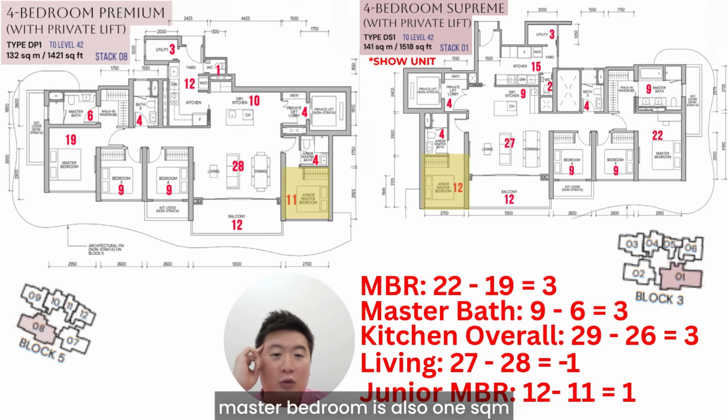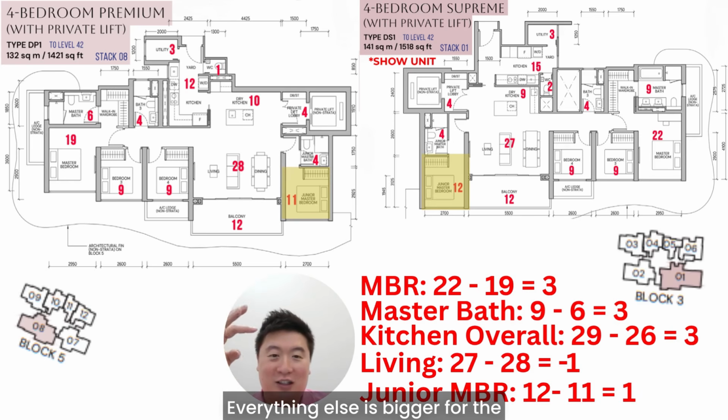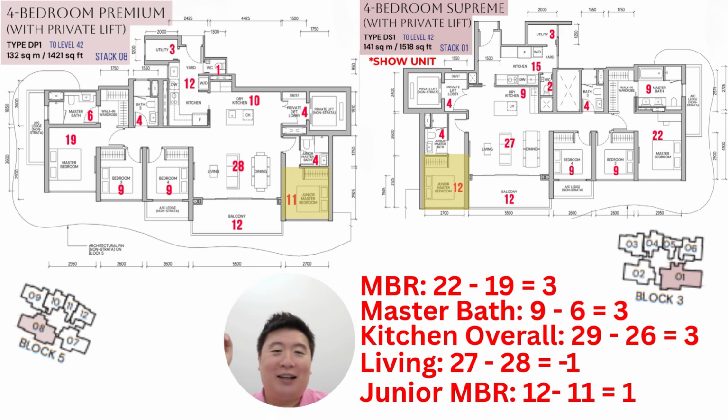Junior master bedroom is also, it's this one over here, 12 versus 11. Oh, sorry, I meant one square meter bigger. Sorry. The one that's smaller is just the living room. Everything else is bigger for the 4 bedroom Supreme, as it should be. Okay, yes, that's it. Let's move on to the next one.